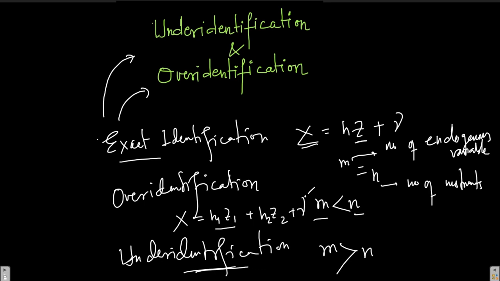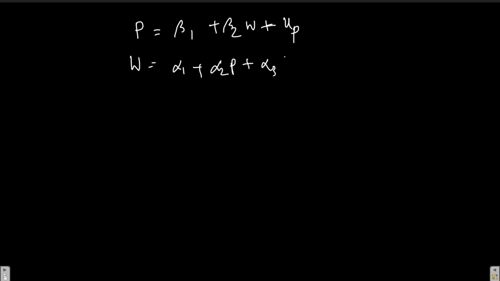Let us elaborate on all these different cases with an example that we have already seen. Let us think of the example I previously did, where the price rate is equal to beta 1 plus beta 2 wage rate, plus an error term u_P. We also wrote a wage rate equation: wage rate is equal to alpha 1 plus alpha 2 price rate plus alpha 3 unemployment rate, plus u_W.